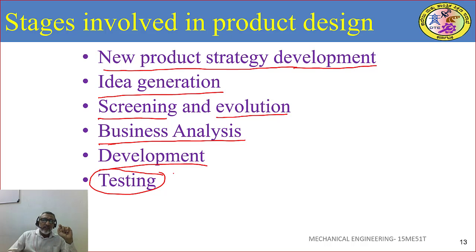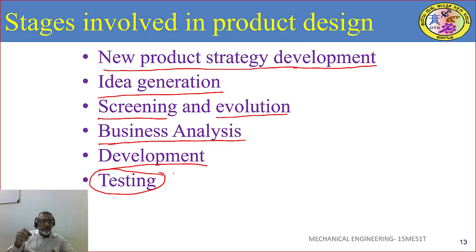These days, people go for a more economical way of testing using simulation. You have the simulation models. These models will have all the features of the actual product, and by manipulating this model, they will find out the reaction, they will find out the effect of these forces on the model.